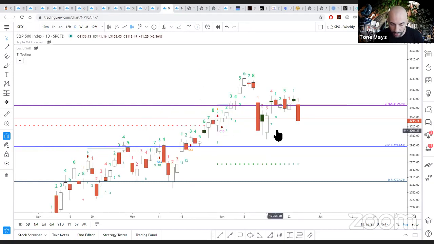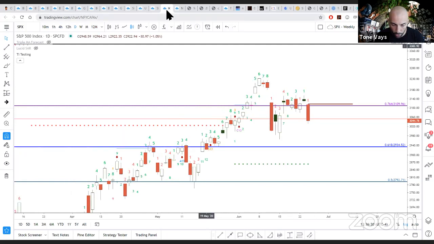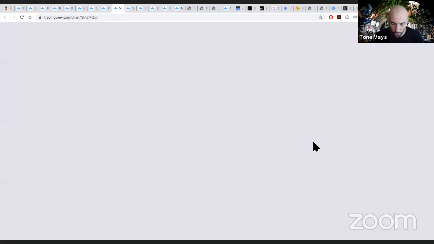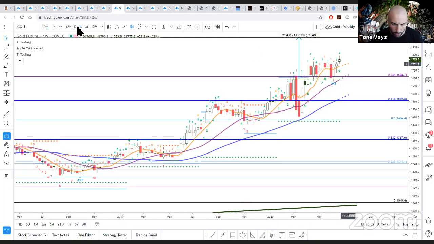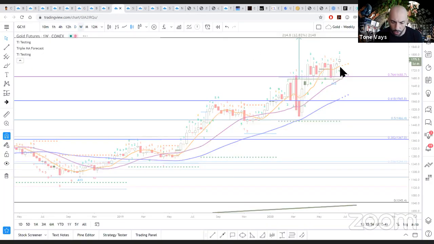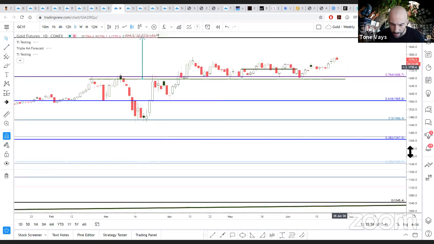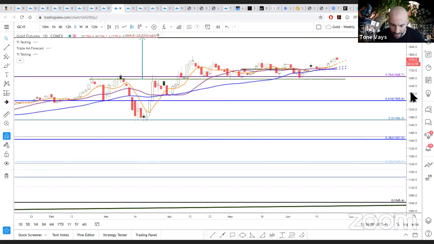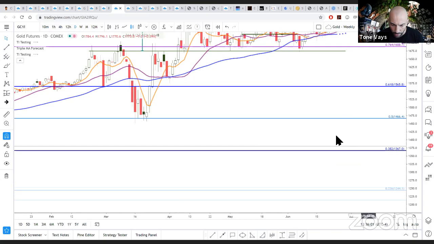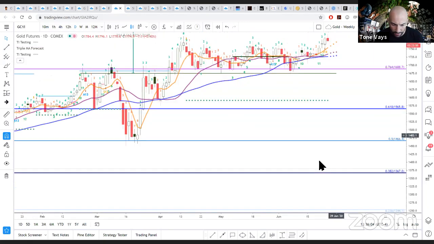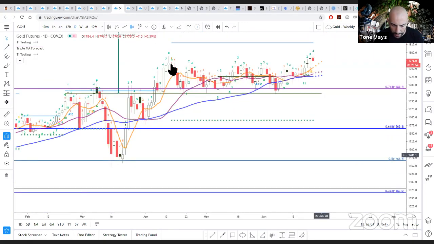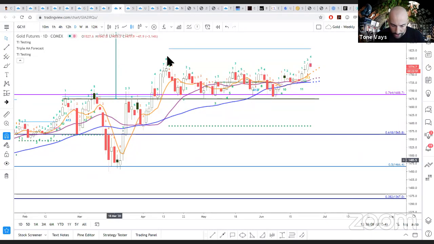Gold, to me, is the opposite. I don't know if gold is dropping right now with this. Nope, that's the weekly chart. Sorry, you have to look at the daily chart. To me, gold is in the opposite direction. Gold, unlike stocks, which are not even close to making new swing lows, has just made a new swing high and a new swing high close.